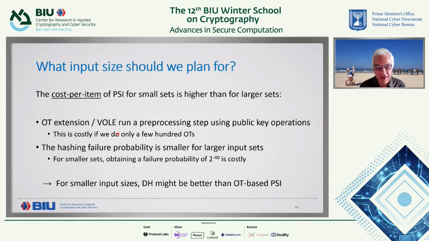Also, the hashing failure is smaller for larger input sets. If you have smaller input sets, then the hashing failure is large. So the bottom line is that if you have smaller input sets, again, this Diffie-Hellman simple solution might be better than the more efficient protocols.